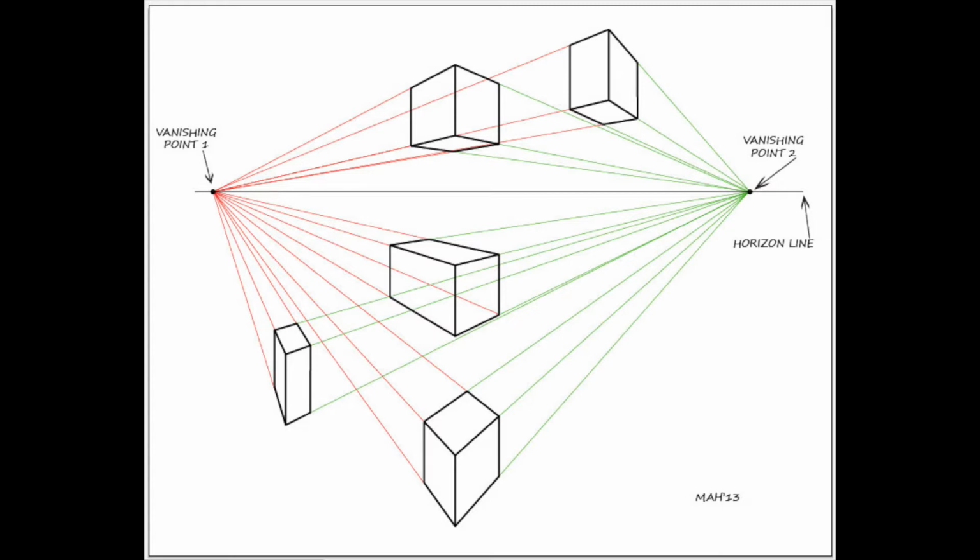This happens when you're looking at an object and that object has its corner turned toward you. And it happens both below the horizon line and above the horizon line.